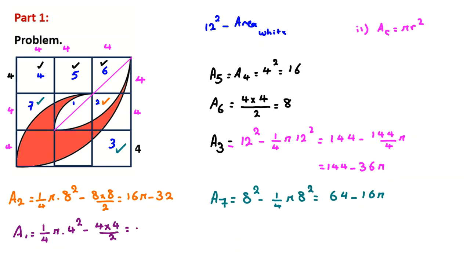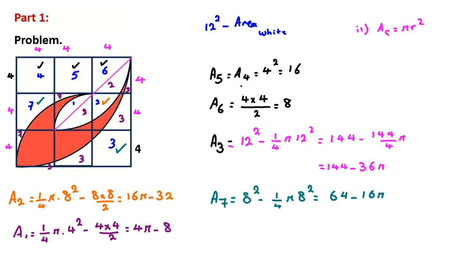So it will be 4 pi minus 8. So area 1 is this quarter circle minus this triangle. Let me tell you this: all of them are 2, and for 3, all these parts are 3. Area of 3 means some of these regions, 7, some of these regions.